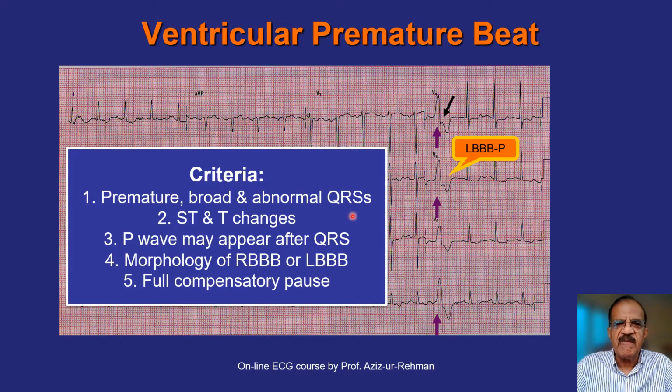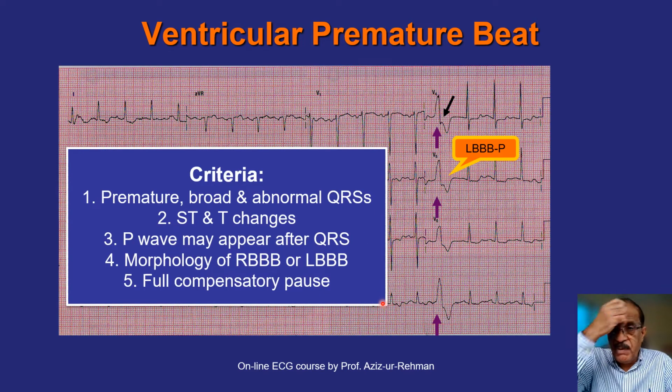So the QRS complex will be broad and of different morphology, because normal morphology of QRS is based on a specific pattern of depolarization from the AV node downward through both bundles. In this case, an ectopic focus arising from somewhere depolarizes the ventricles in an abnormal direction, in an abnormal way. So that is why everything will be different. The complexes will be premature, broad and of different morphology. And that is the hallmark of ventricular premature beats.